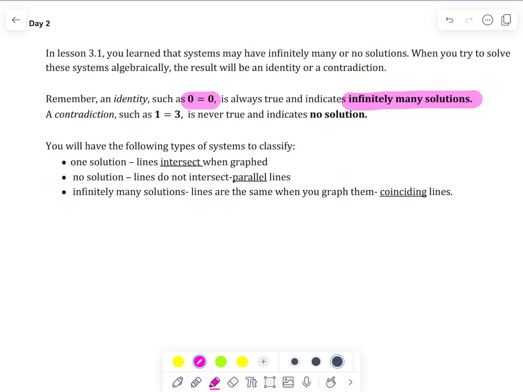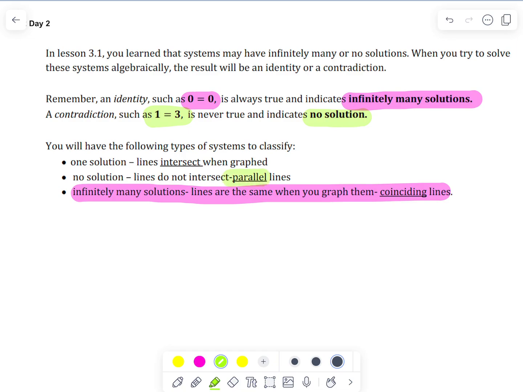They are essentially the same line. If the variables are gone and we get some numbers, what this is telling us is that these are parallel lines, or no solution.